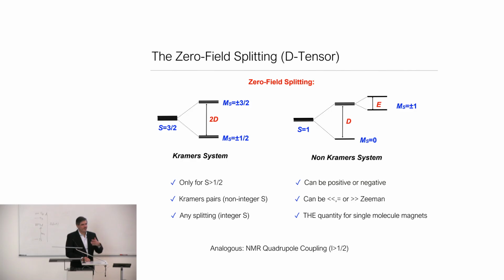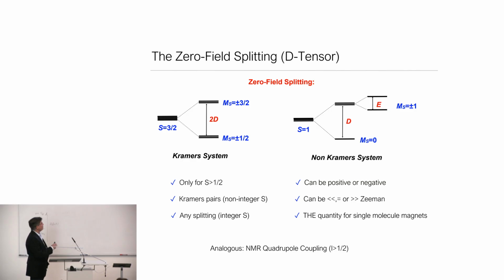So what will happen then is that the zero field splitting in a Kramers system splits the levels into so-called Kramers doublets. Yeah, so pairs of two. And this is what's happening here when you have a spin 3/2 system, and the zero field splitting is splitting this into the m_s = ±1/2 and the m_s = ±3/2 levels, and they're separated by 2D.